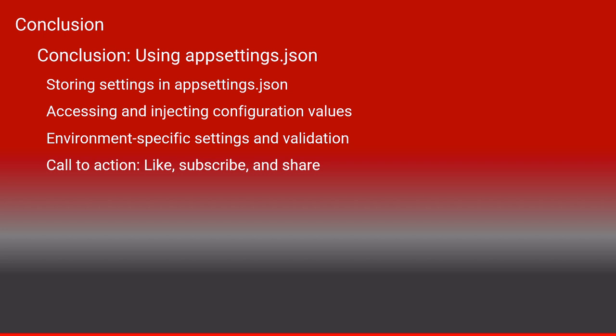In conclusion, using appsettings.json in ASP.NET Core is a powerful way to manage application settings effectively. We discussed how to store settings in a structured format, read them in your application, and leverage dependency injection for cleaner code.